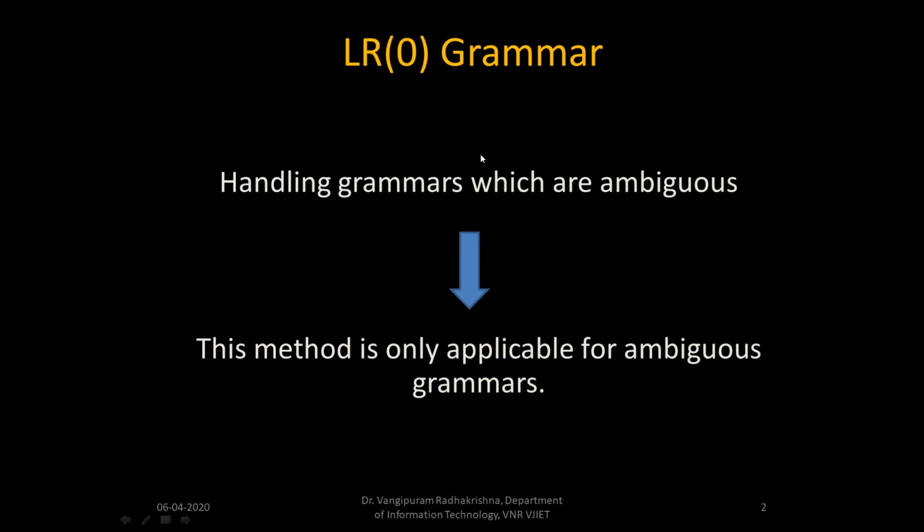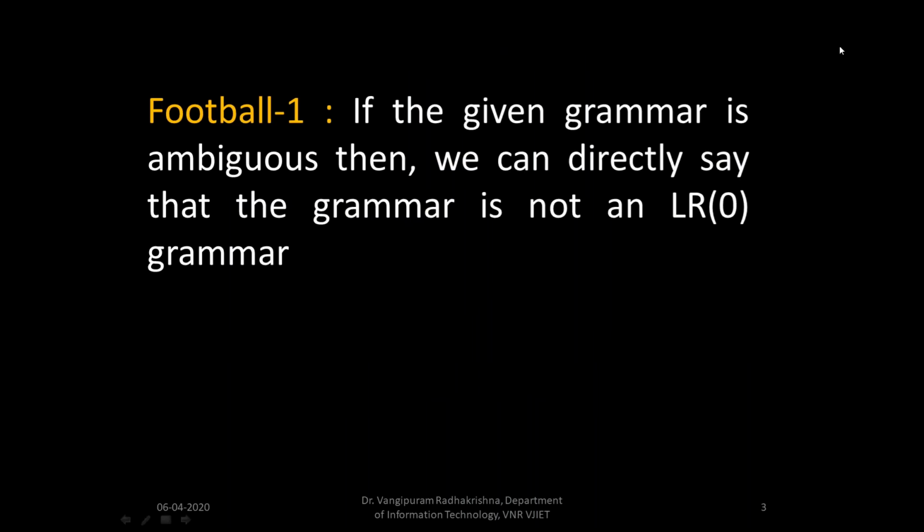So, having some introduction regarding the approach which will be discussed in the coming slides, which we call a football. Here is the football statement. Given a context-free grammar, if we are able to prove that the context-free grammar is ambiguous, then eventually we can conclude the given grammar is not LR0 grammar.